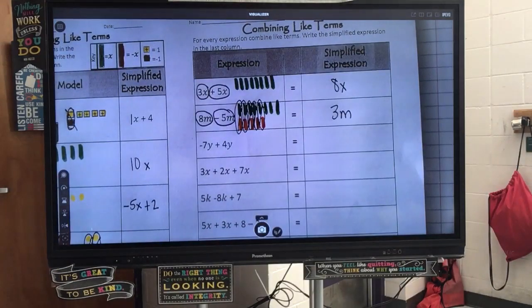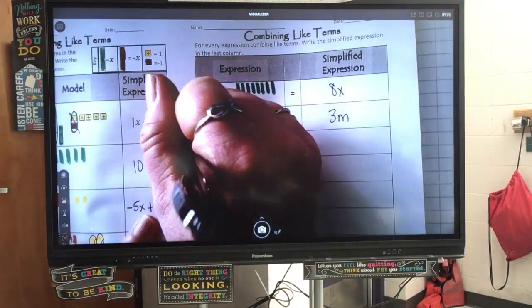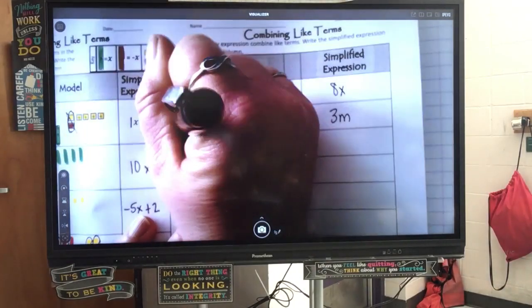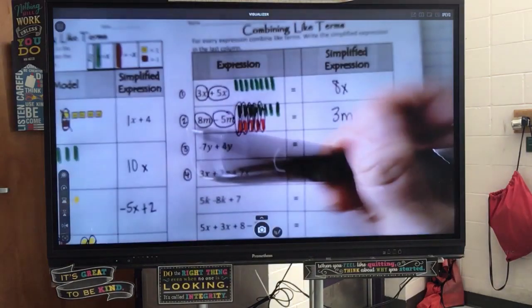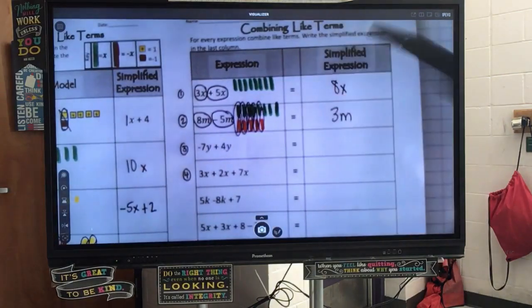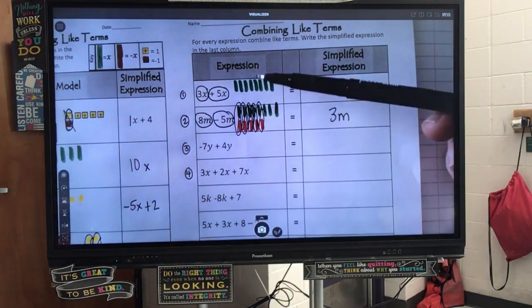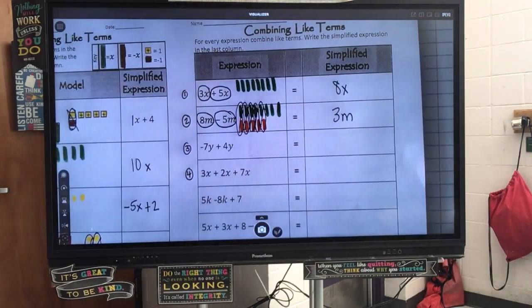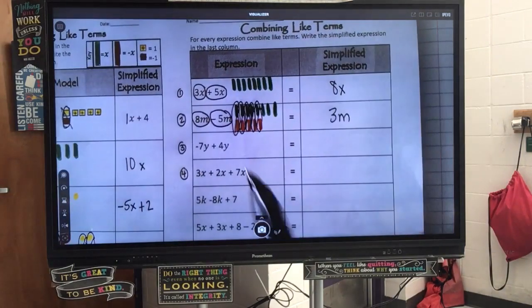Alright, I'm gonna have you guys do the next two. So you're technically doing number 3 and number 4. So this is 1, 2. So I want you to do these two. I want you to do the green or the red or the yellow, whichever little things that you need. And when you're finished with both of those, stand up.